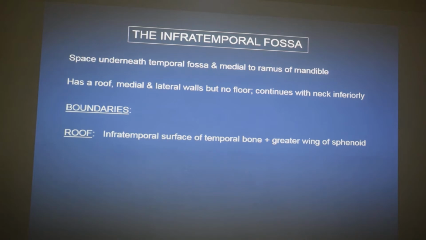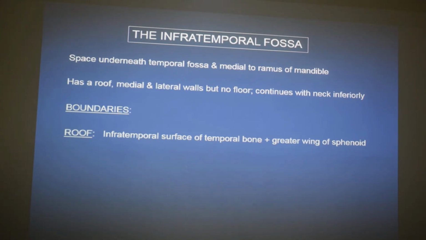The third opening, which might open in the roof of the infratemporal fossa, is called the petrotympanic fissure, and the petrotympanic fissure is going to lodge a nerve which is called the chorda tympani. So chorda tympani is going to exit from the petrotympanic fissure, and it is going to join with the lingual nerve in the infratemporal fossa.